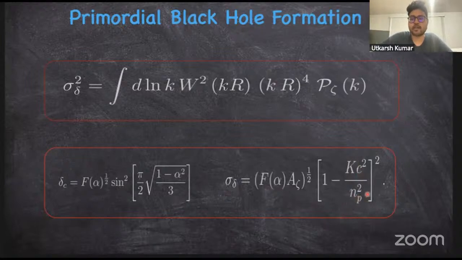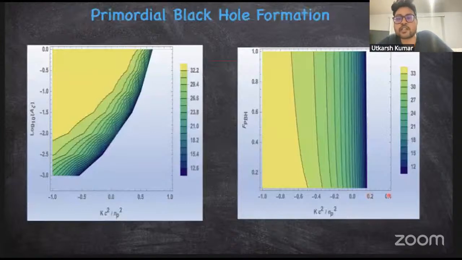Now to constrain the parameters for the gravitational wave spectrum, we use the fact that the PBH density cannot exceed the dark matter, that is, f_PBH is less than or equal to 1. When f_PBH is 1, most of the dark matter in the universe is accumulated by the existence of PBHs.